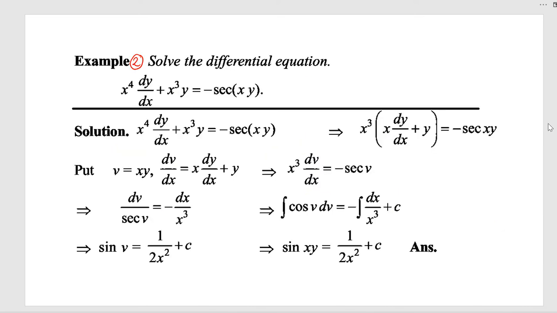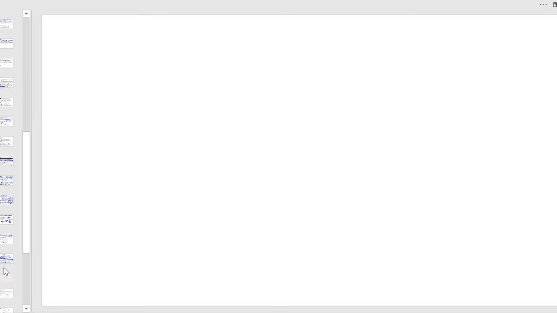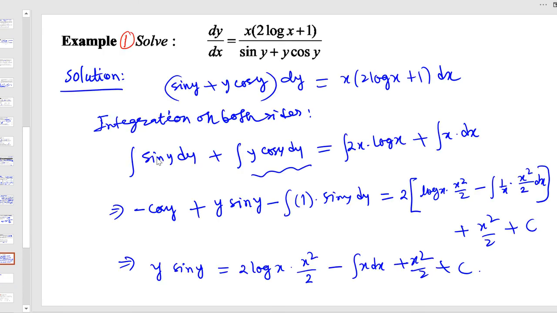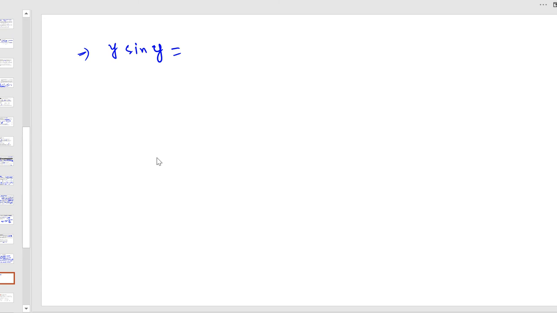Next, let me take another slide where you can write y sin y equals 2 into logarithmic of x into x square by 2 minus x square by 2 plus again x square by 2 plus c.